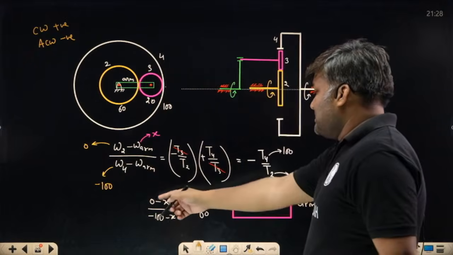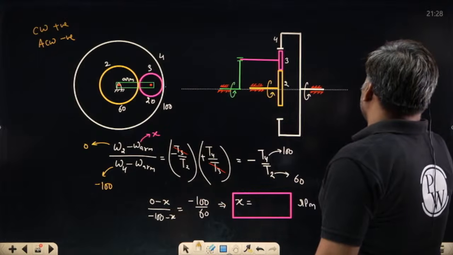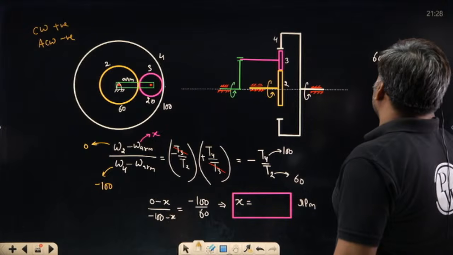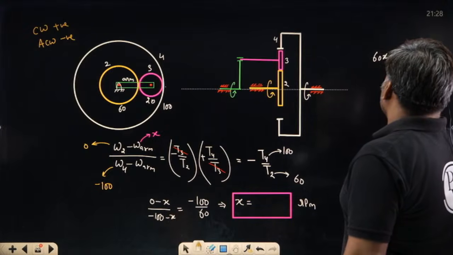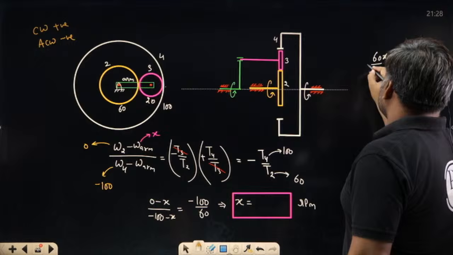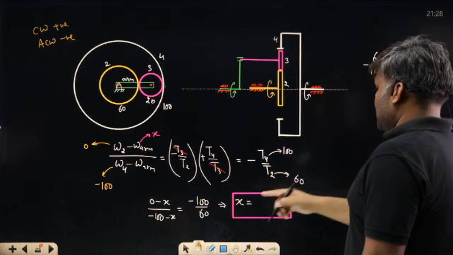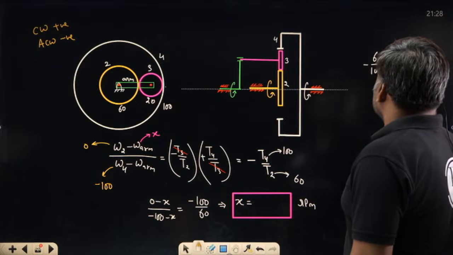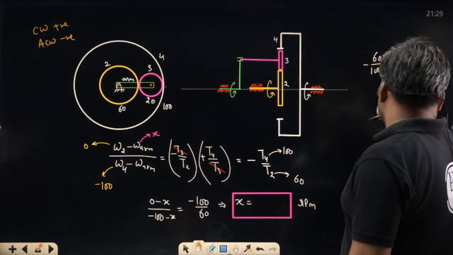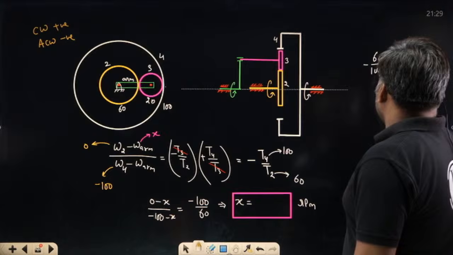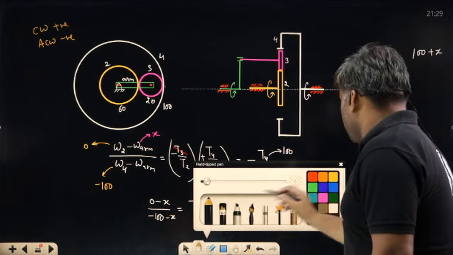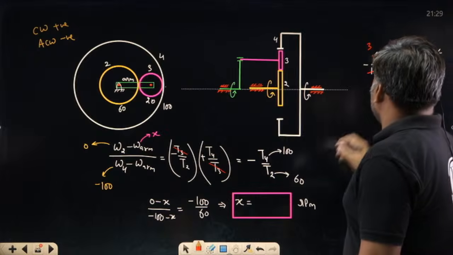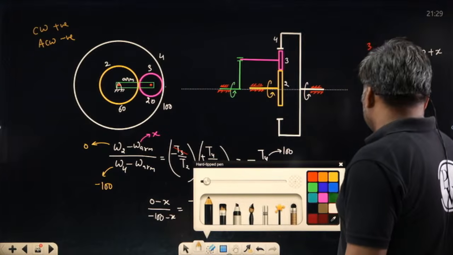You will be having 60x equal to 100 plus x into minus 100. Let me take this minus 100 this side. It will be equal to 100 plus x. This is minus 3 by 5, I think.